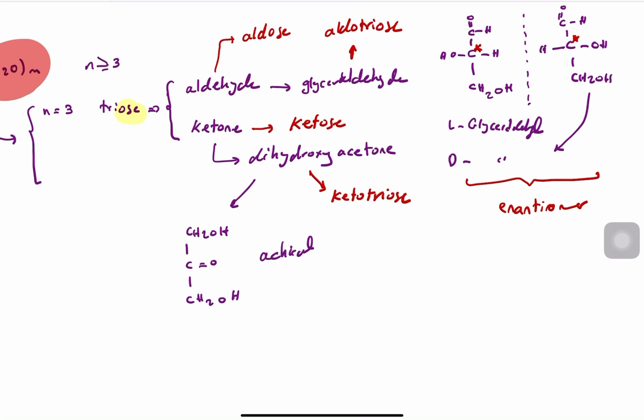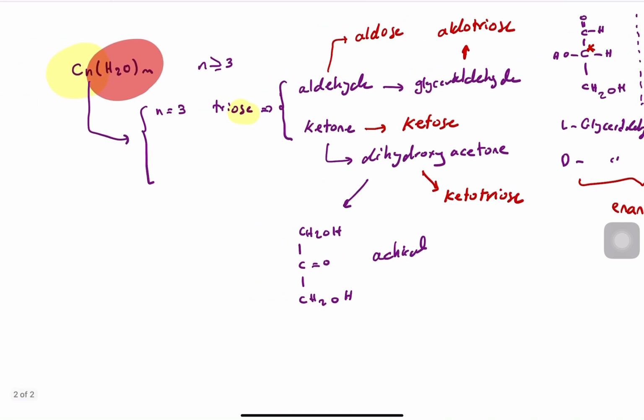We will see in the next lectures that we can find these 2 compounds in the biological system also, which is very important. If the carbon number increases, for example 4 carbons, it is a tetrose. An example for tetrose is erythrose.